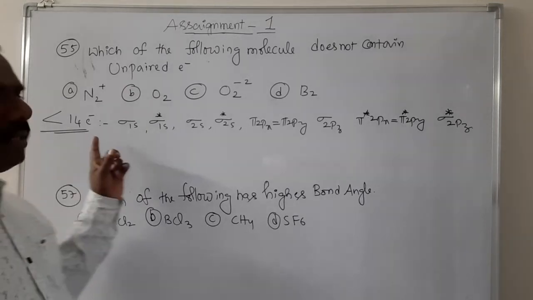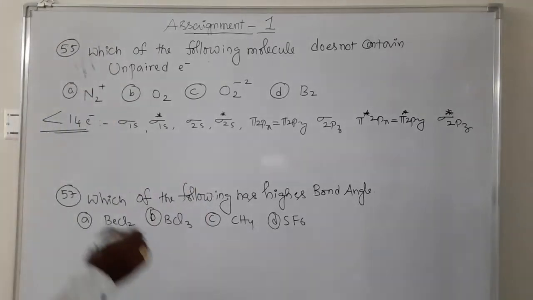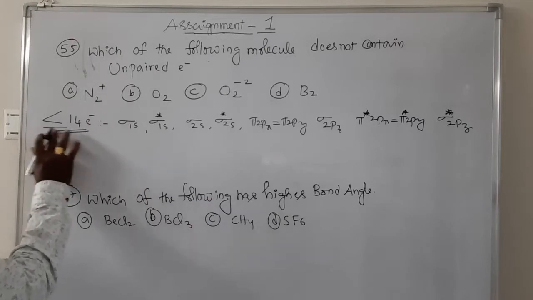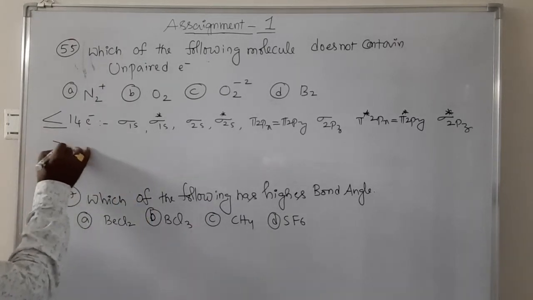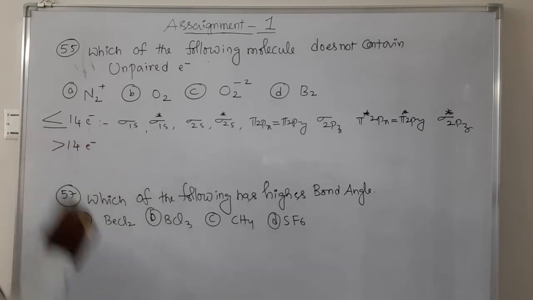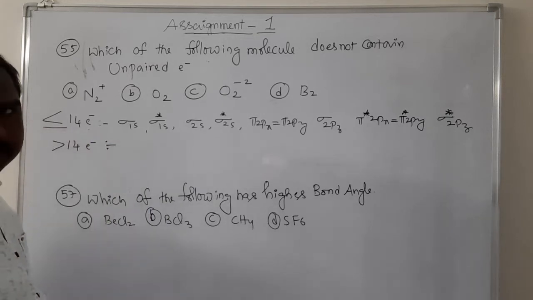This is for molecules containing less than or equal to 14 electrons. Next, when there are greater than 14 electrons in a molecule, how to write?